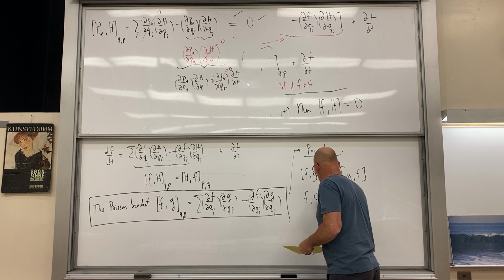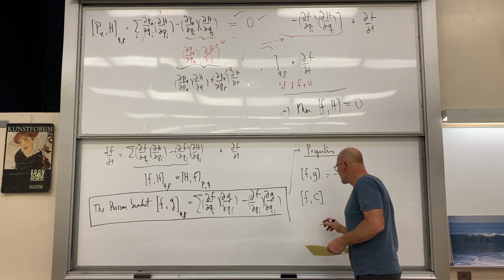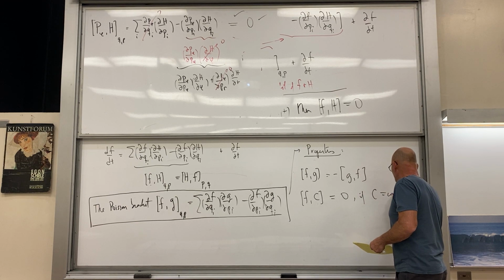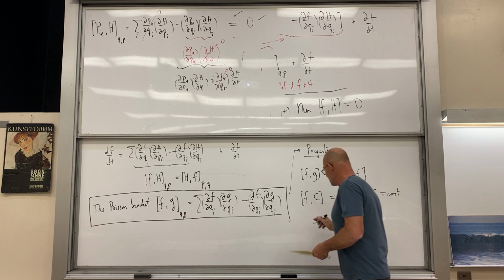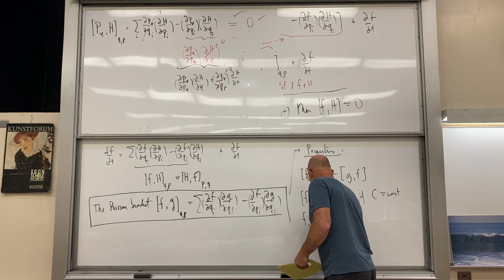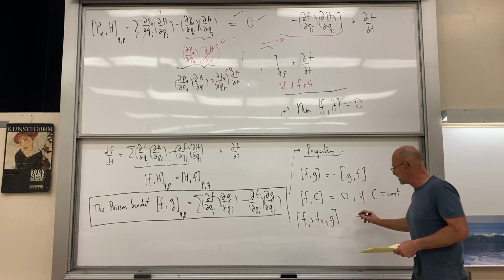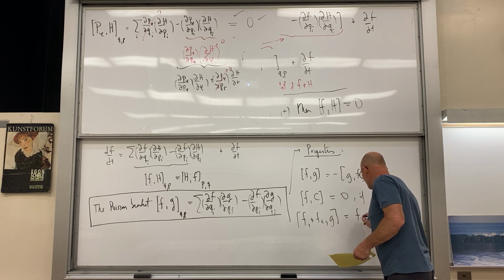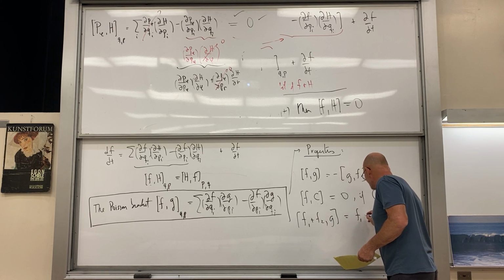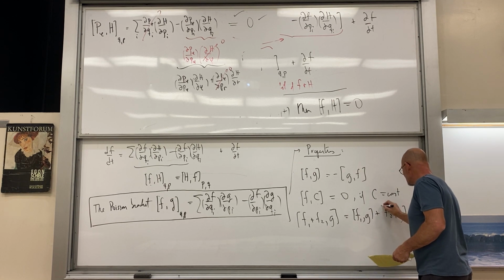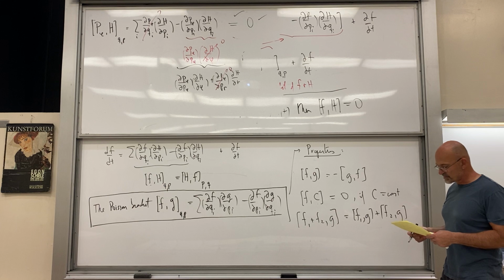If you take the Poisson bracket with a constant, if C is equal to a constant, it equals 0. If you have a sum of functions, f1 plus f2 g, then just by the additivity of derivatives, it is f1g plus f2g. So these are all clear by inspection.